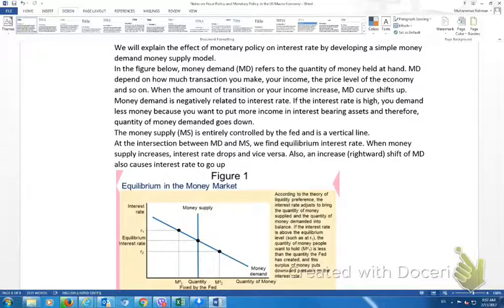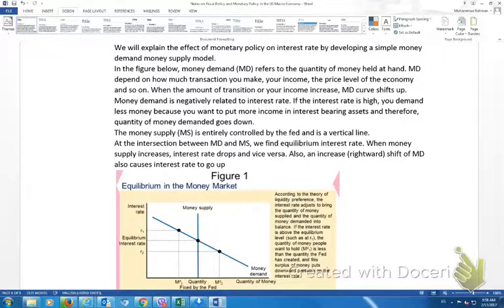Now, you should notice that the money demand curve is downward sloping, which means that if the interest rate goes up, money demand goes down, and vice versa. So let's try to explain that. Whenever there is an increase in interest rate, for an individual, it makes less sense to hold money, because by holding money you don't earn anything, right?